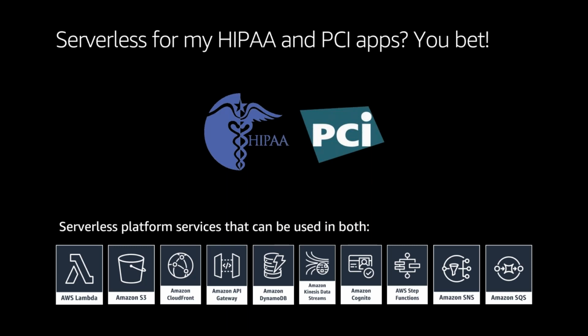The idea I wanted to share with you is that most of the services we'll talk about tonight, so AWS Lambda and API Gateway and DynamoDB and Cognito and Step Functions, SNS, SQS, all these services that are part of the serverless platform on AWS, are already HIPAA and PCI compliant. So a lot of developers every week or every month come to me and ask, hey, can I use Lambda to manage credit card payments? Sure, go ahead and do it. It's already PCI compliant. You can go and check.